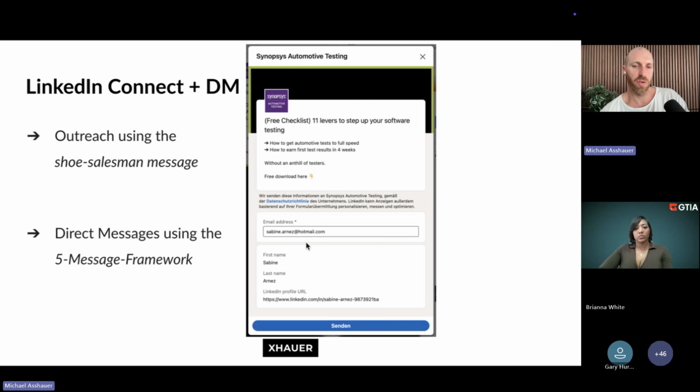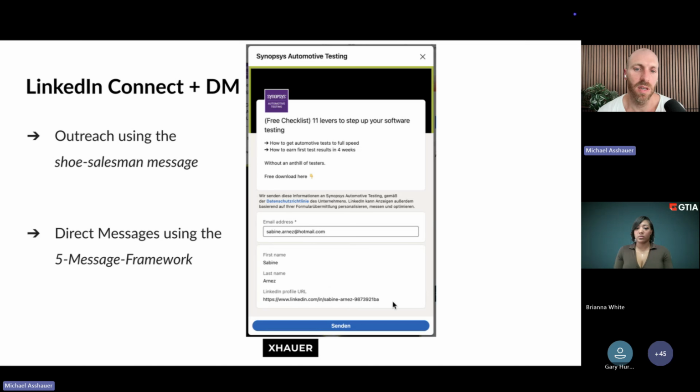And here the lead gen form comes into the game again that we saw in the second step. And I told you, hey, make use of this LinkedIn profile URL and check the check mark that it will be collected automatically, because what you can now do is, in this case here, Sabine signs up, and after she signs up for my lead magnet, she lands in my CRM, I can then easily click on that link and land on her LinkedIn profile.